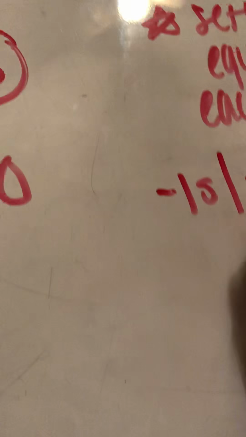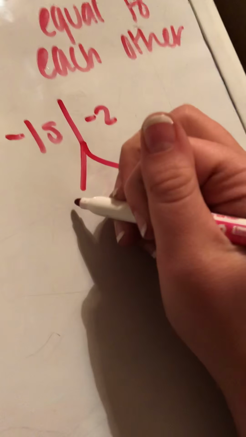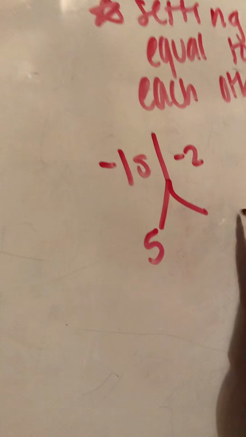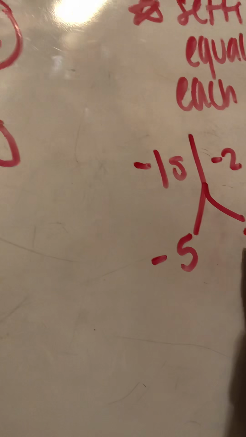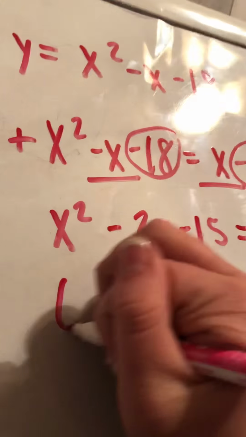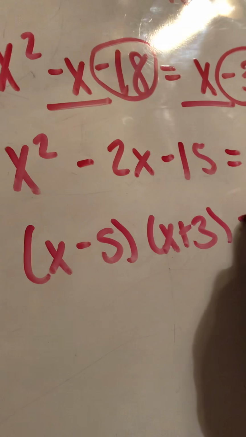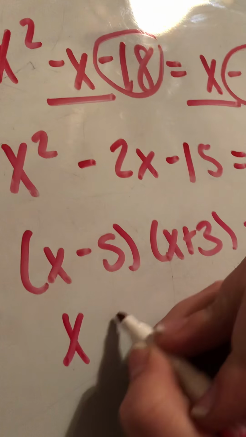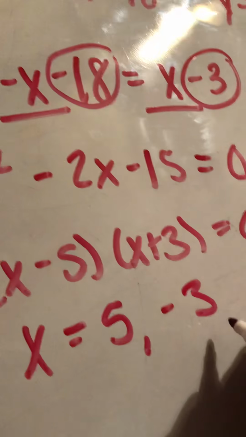So you have negative 5 and positive 3. So you have x minus 5 and x plus 3 equals 0. So you know x equals positive 5 and negative 3.